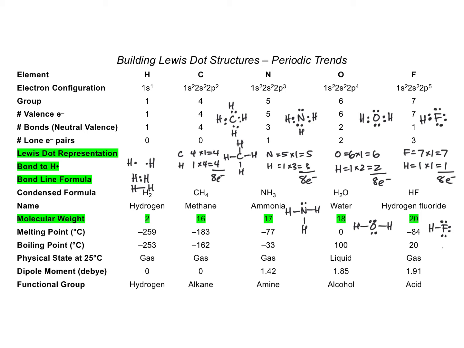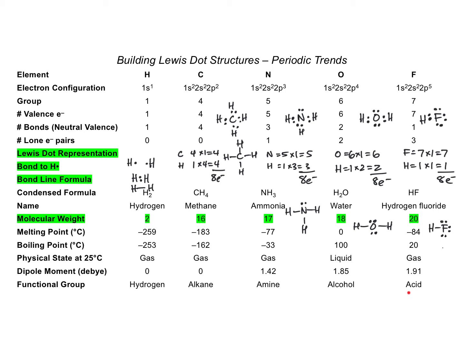Another way we're going to start communicating about these molecules is in general as their functional groups. So hydrogen is its own functional group. There can be no other derivative of hydrogen. Alkanes, the ANE ending, that's a hydrocarbon. The C1 alkane is methane. Amines, the simplest amine is ammonia. Alcohols, the simplest alcohol is water.